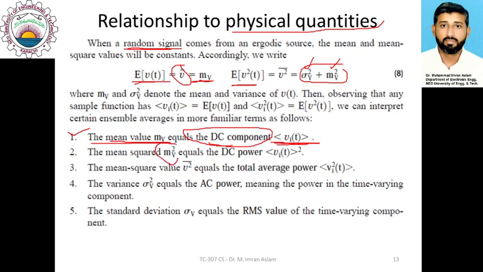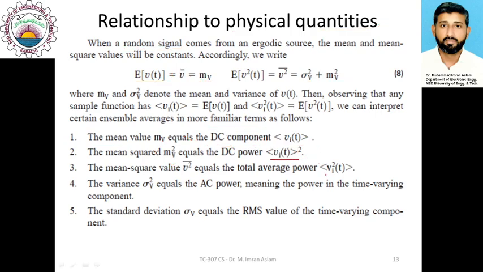Similarly, if we square the mean value, this is the mean value squared. This one is different from the mean square value, because this one is squaring the mean value, while that one is squaring and then calculating the mean value.